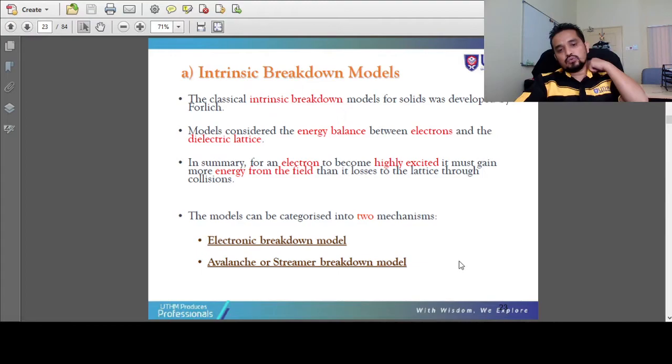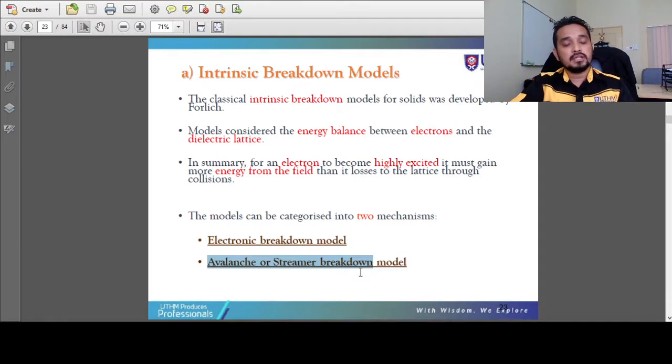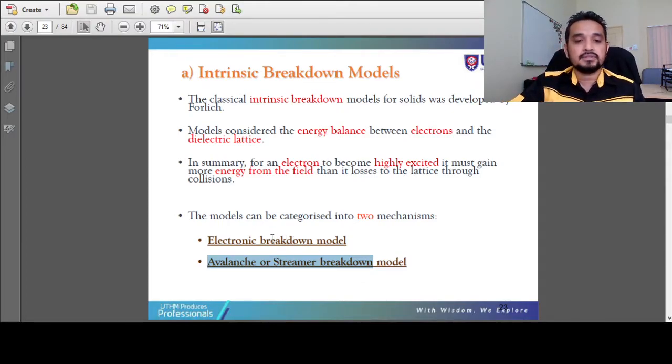There are two best models to describe the intrinsic breakdown: the electronic breakdown model and the avalanche or streamer model. To be honest, this is just a quick recap of what we learned in gas dielectric material.